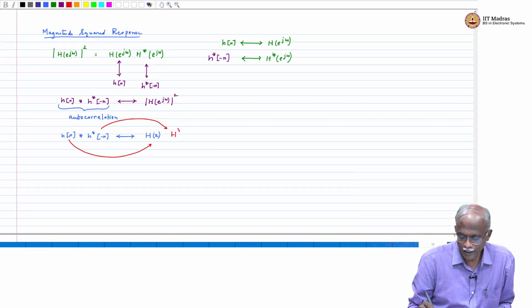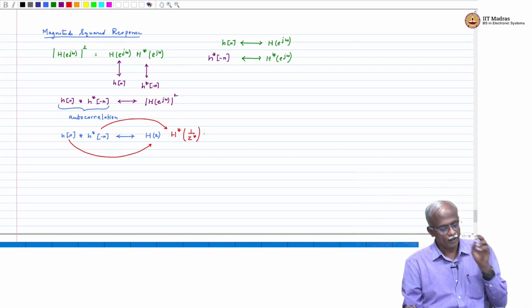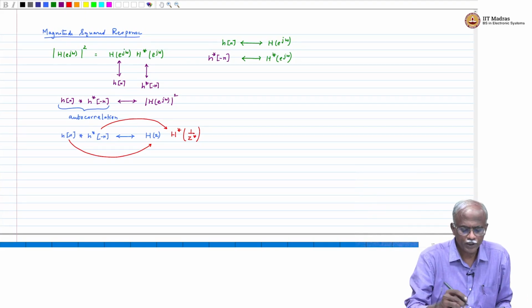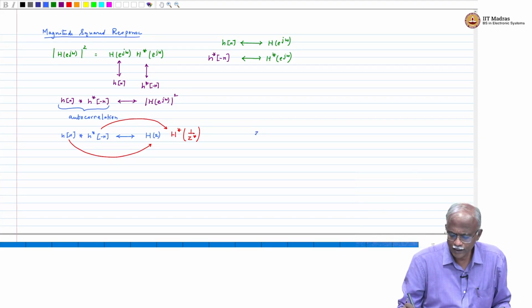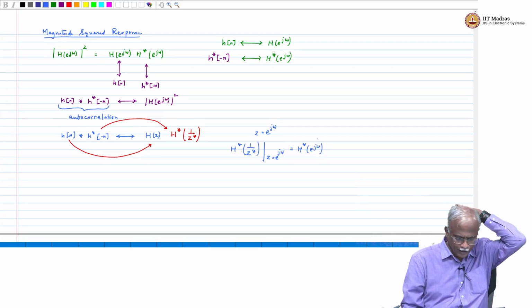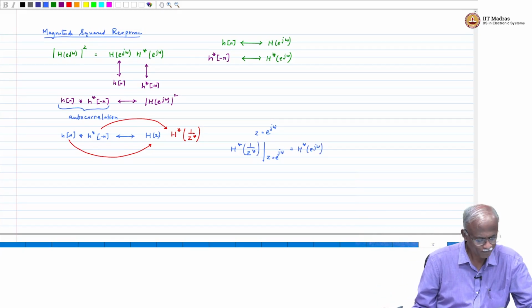This will be H*(1/z*). You can substitute z equal to e^{jω}, and you can verify that H*(1/z*) at z equal to e^{jω} is the same as H*(e^{jω}). You can verify that we are getting exactly the same expression.